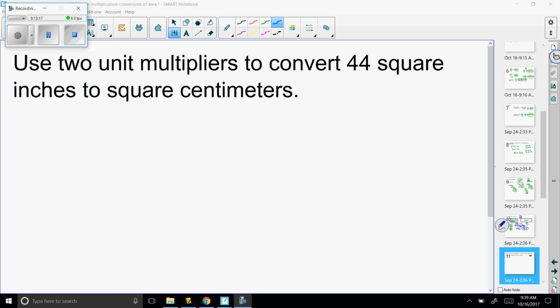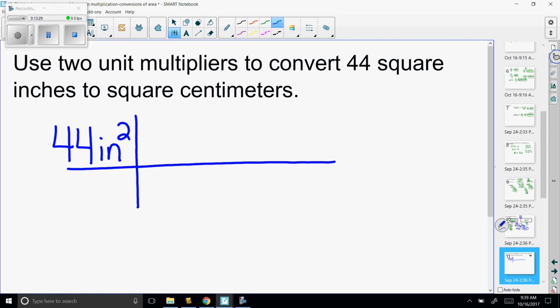All right, if we look at it, start with your given information, 44 square inches. I want to convert that to square centimeters. So I want my end result. Square centimeters means centimeters times centimeters. Square inches, what does square inches mean?